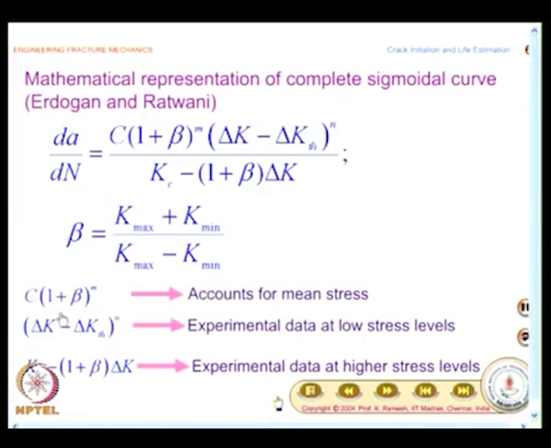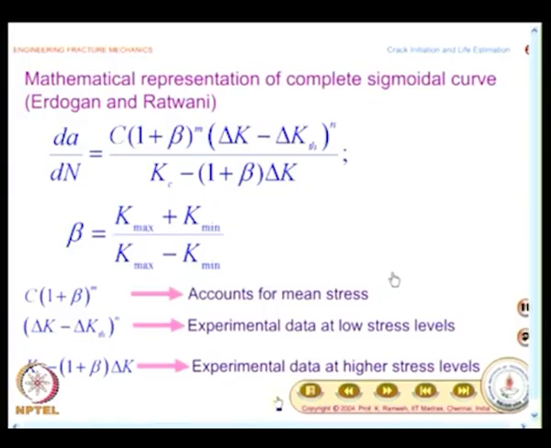C into (1 plus beta) whole power m accounts for mean stress, because beta has this kind of a ratio, and (delta K minus delta K threshold) whole power n accounts for experimental data at low stress levels. Finally, the term Kc minus (1 plus beta) into delta K accounts for experimental data at higher stress levels.